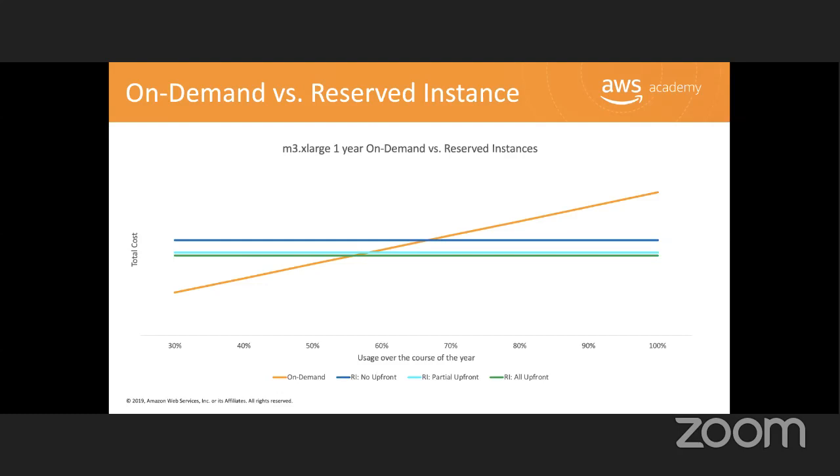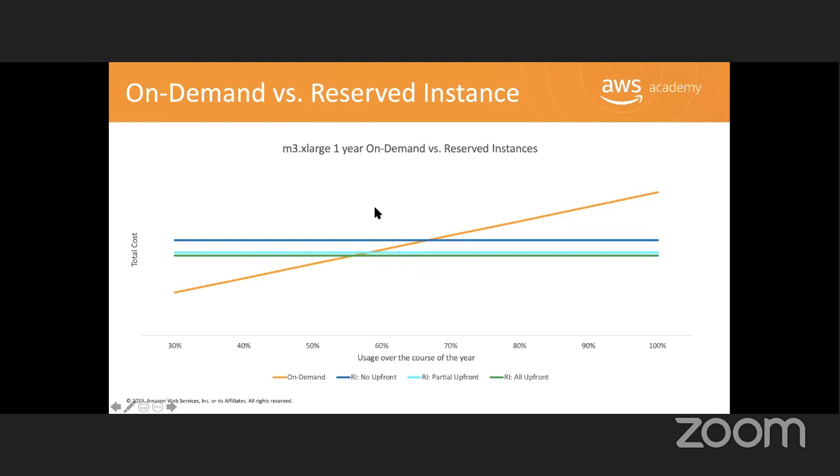On-demand versus reserved instances, M3 X large, 1 year on-demand versus reserved instances. Maybe the question is, what are the break-even points of these various reserved instance purchasing options compared to purchasing on-demand instances? So let's look at this following scenario.